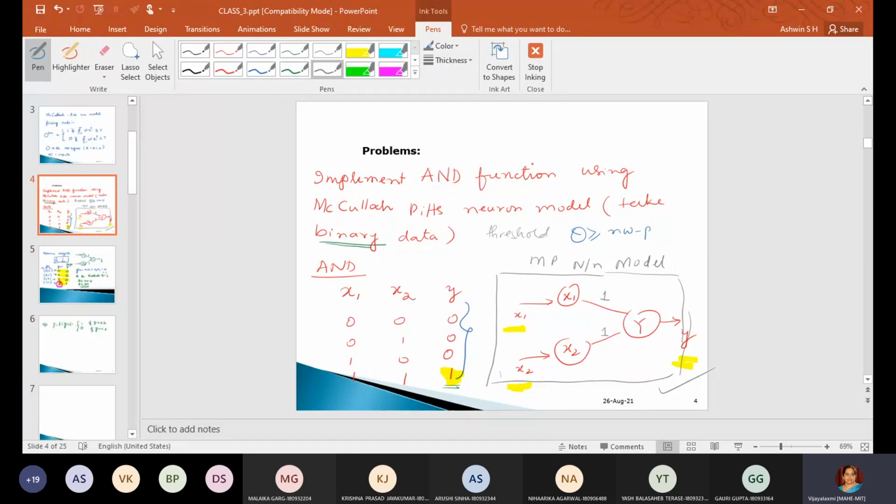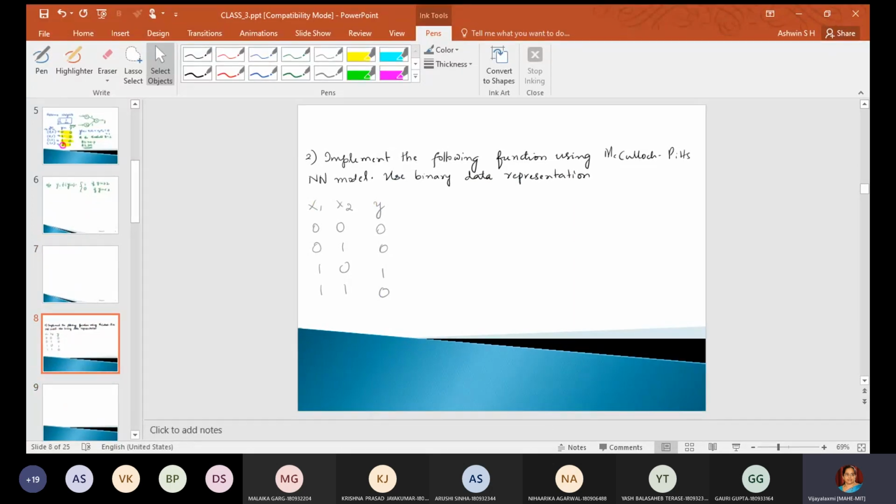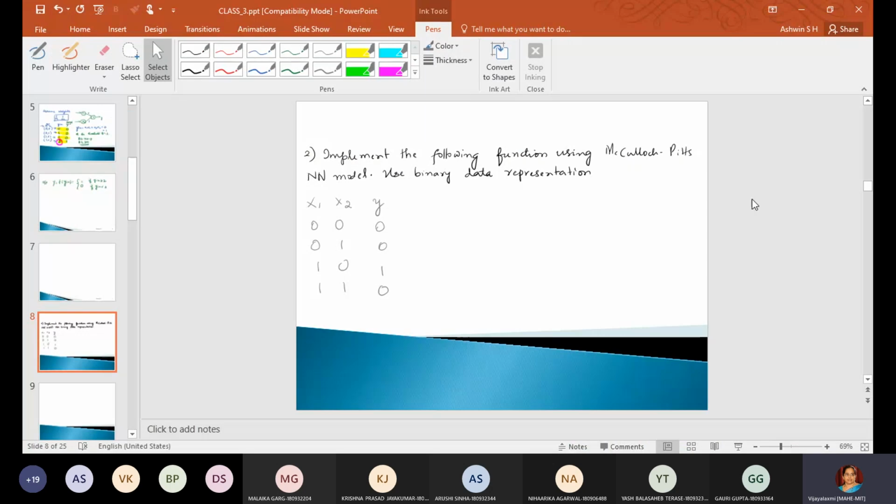Now I'll make it clear with one more example. Implement the following function using McCullough-Pitts neural network model. Use binary data representation for both inputs and targets. Here we have two inputs, x1, x2, and y.